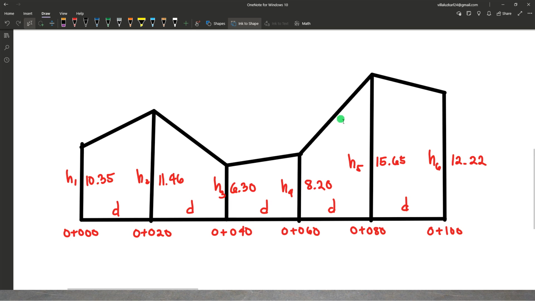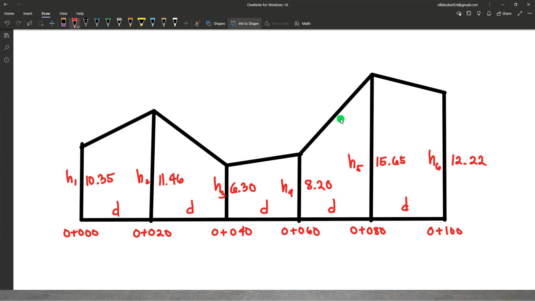Okay, so here are the heights at each station. So we draw that series of strips. Okay, we assume that it is trapezoid. But if we use Simpson's, we can draw it as curved surface here.